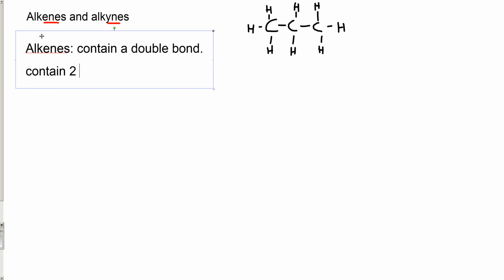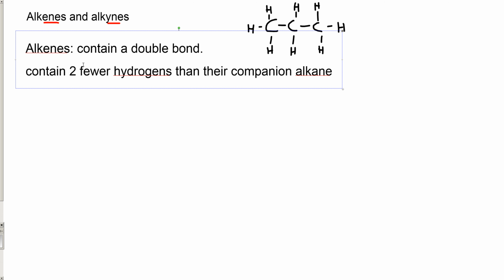I should say fewer: they have two fewer hydrogens. We'll look at how we can make a formula out of that. It's actually a formula that's in your data sheet, which is nice.